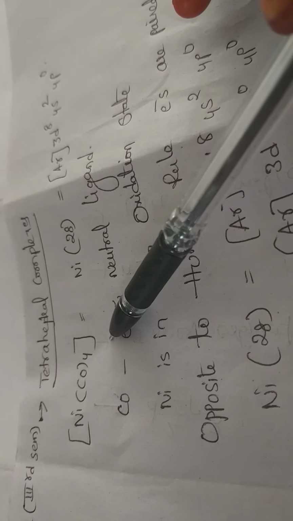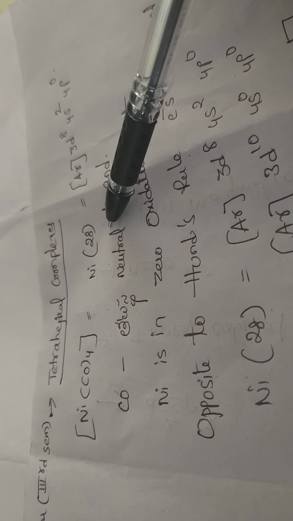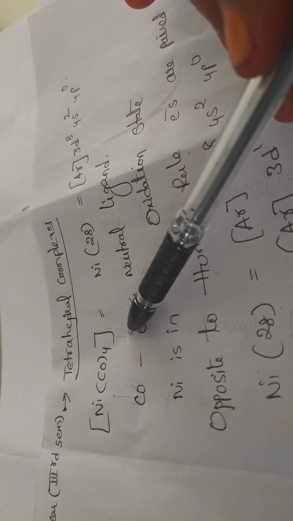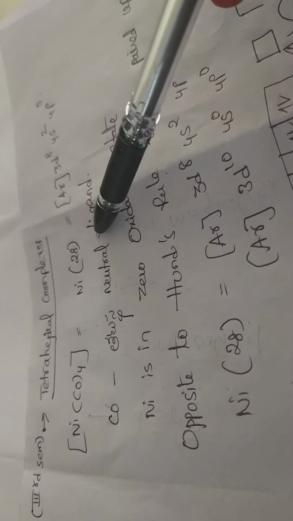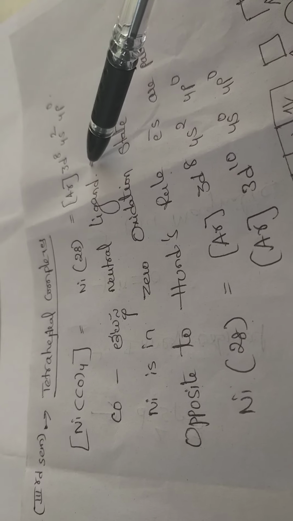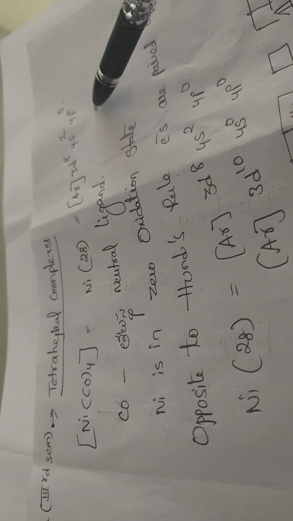Now we are discussing tetrahedral complexes. The best example is nickel tetracarbonyl. In this complex the central metal atom is nickel. The coordination number of this complex is 4 and the atomic number of nickel is 28. Argon 3d8 4s2 4p0.